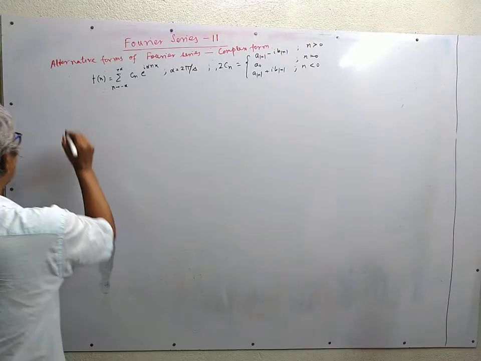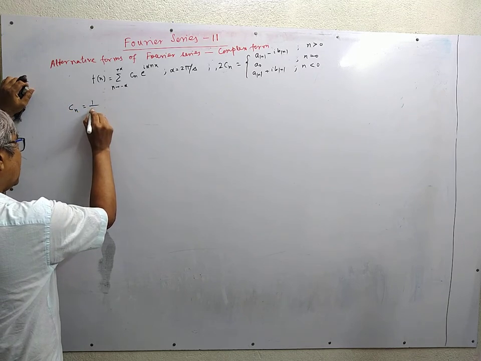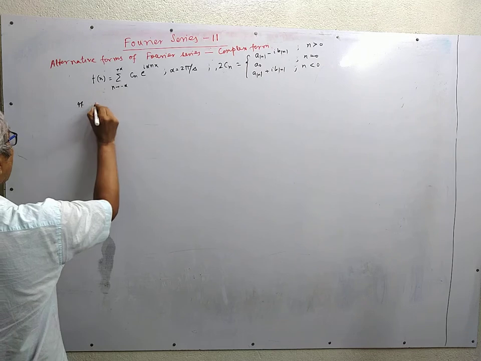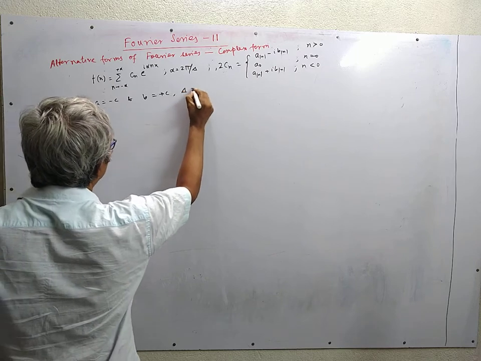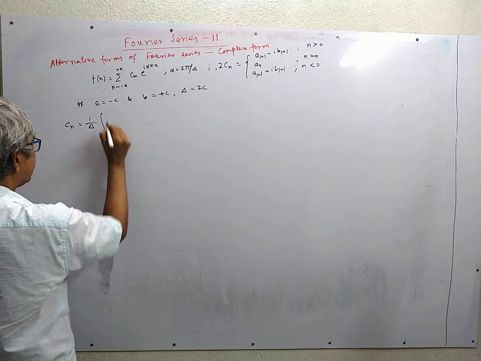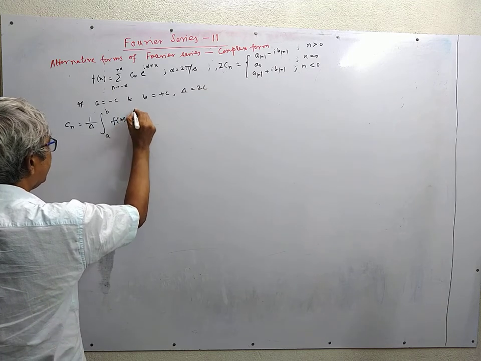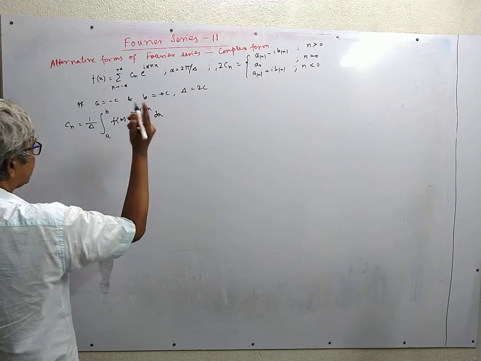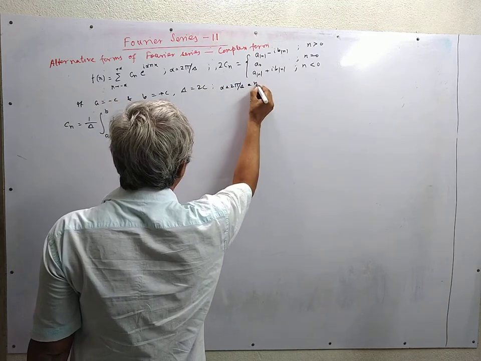In that case, we first write Cn. If a is equal to minus c and b is equal to plus c and delta is equal to 2c, then Cn is equal to 1 upon delta integration a to b f of x e to the power minus i alpha n x dx, with alpha equal to 2 pi by delta, which is equal to pi by c.